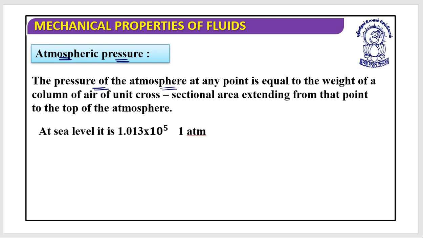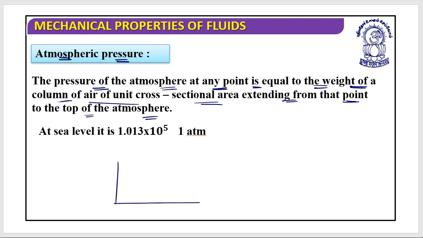It is the pressure of the atmosphere at any point that is equal to the weight of a column of air of unit cross-sectional area extending from that point to the top of the atmosphere.